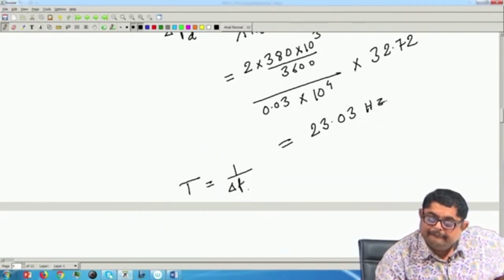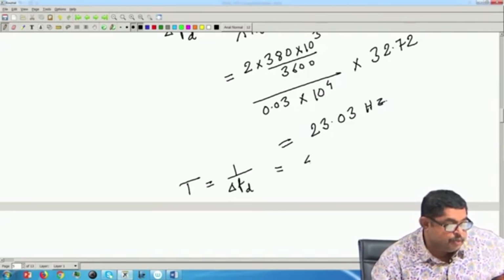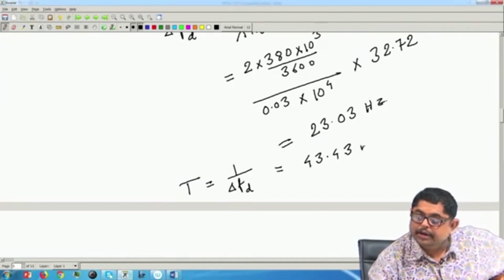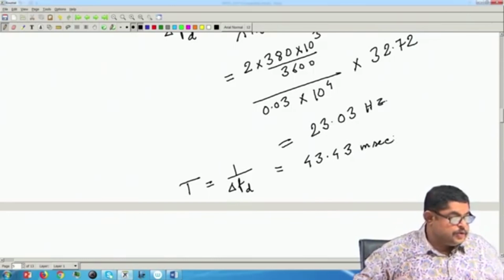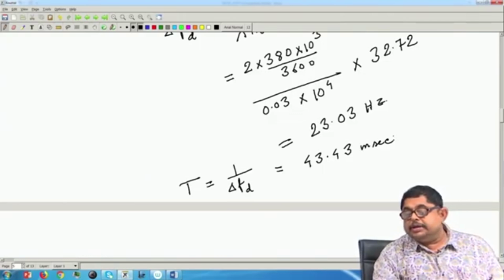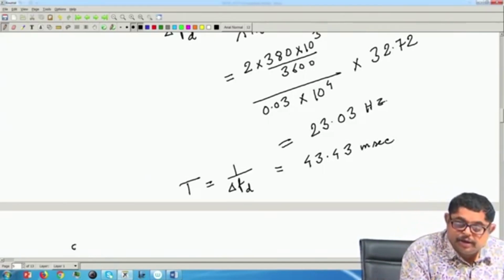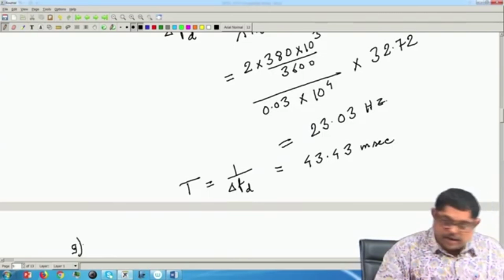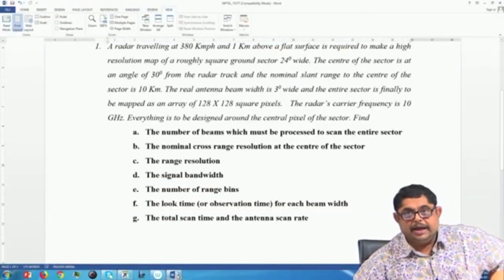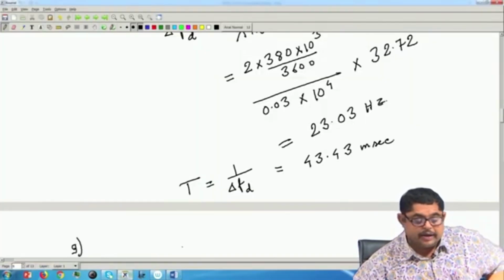The moment I get that, I can say the look time will be 1 by delta f d, that is 43.43 millisecond. So, this is the look time, that means for 43 or 44 millisecond it will be looking at each beam. And then part G. What is part G? The total scan time. So, this is for one beam. So, total scan time and the antenna scan rate.